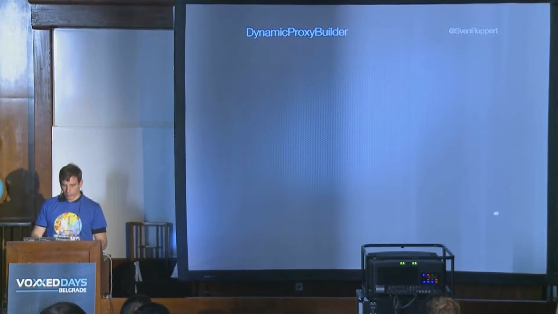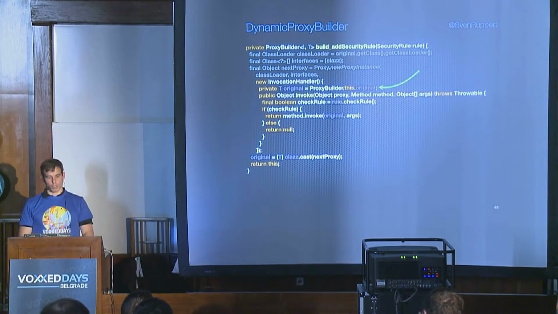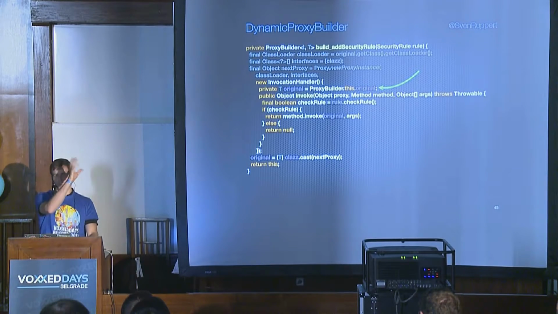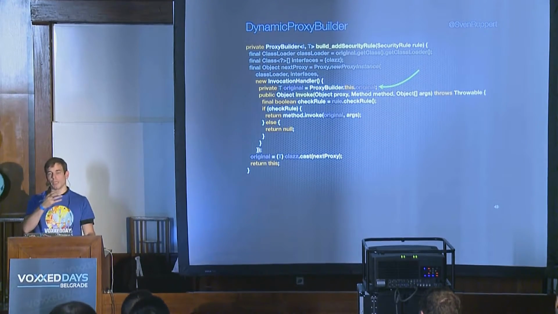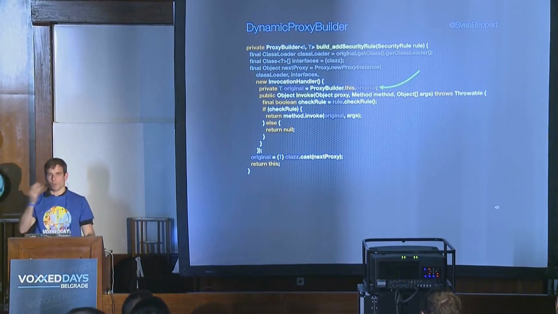A lot of code, but the most important thing is you have to get the information who's my parent or who's my child. It depends if you're building from top to bottom or from bottom to top. If I'm building proxies, my personal opinion is I'm building from bottom to top.